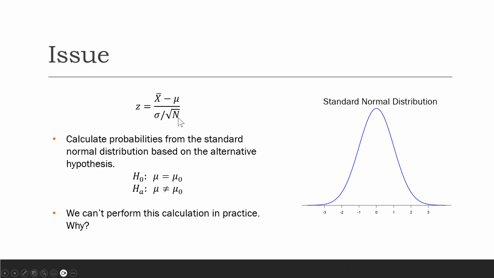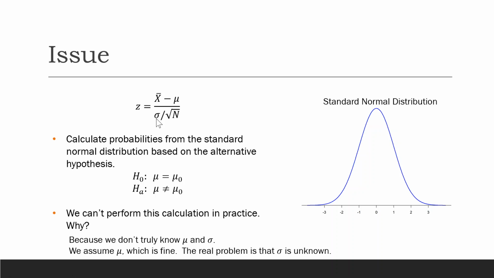The reason why we can't perform this in practice is because we don't know sigma. And it's usually the case that if you don't know the value of your population mean, you probably definitely don't know the value of your population standard deviation, right? So in reality, we don't know mu or sigma, but because we are assuming the value of mu in our null hypothesis, it's okay, right?